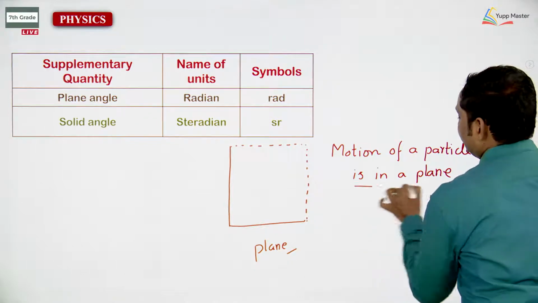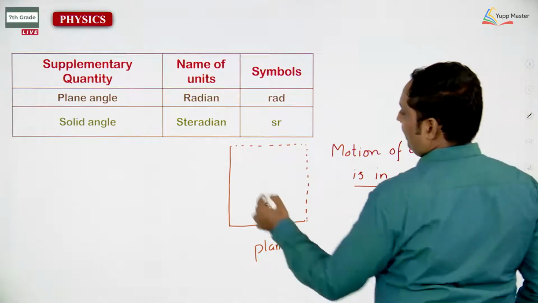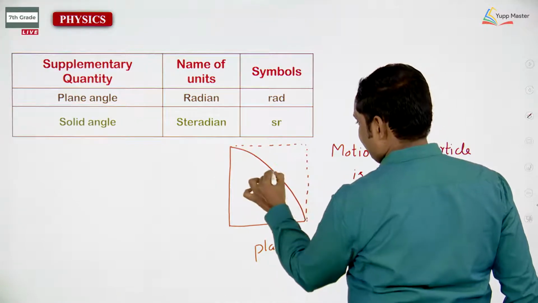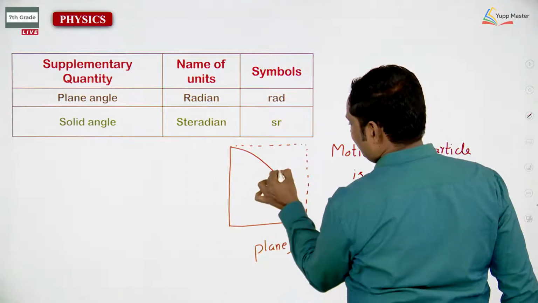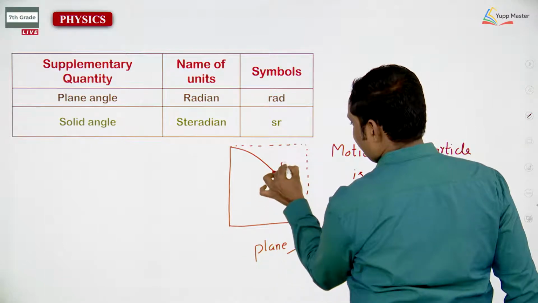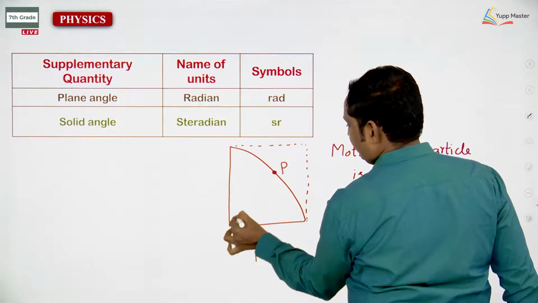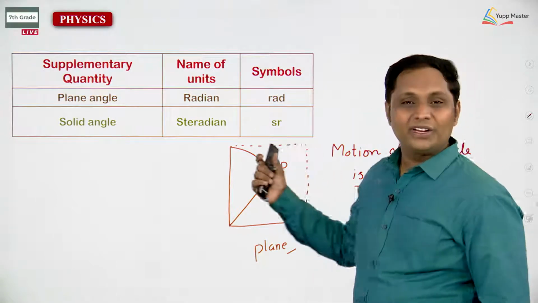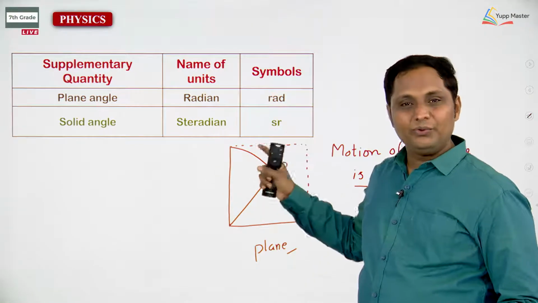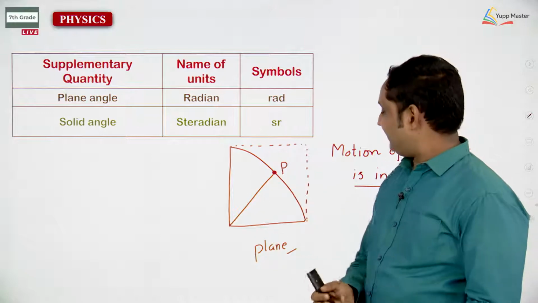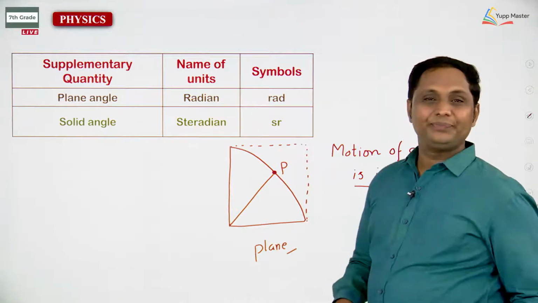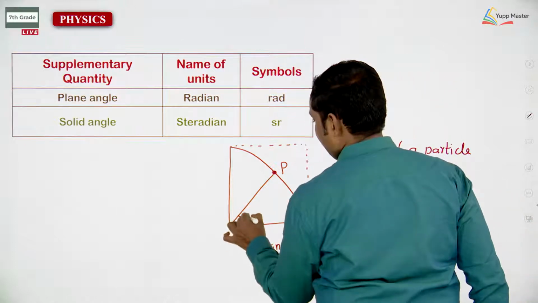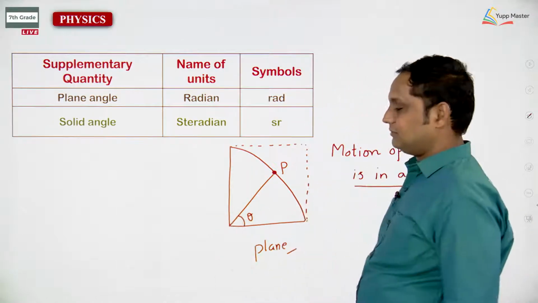You need to identify the position of the particle. So you need to take this as the position. With the two coordinates x and y, you have to represent it, and you need to get the angle theta.